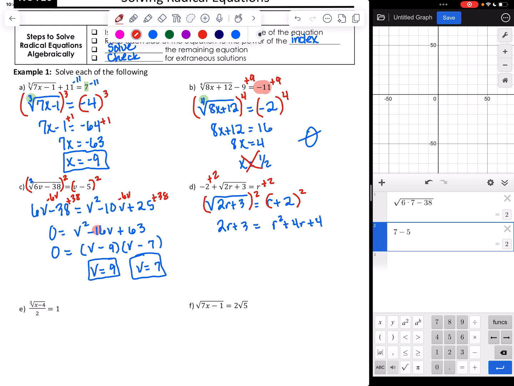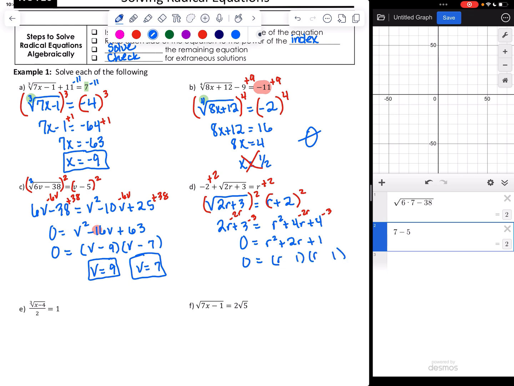Then hopefully you made both sides equal to 0, so subtract 2r, subtract 3, which gives me 0 equals r squared plus 2r plus 1, and then I will solve this by factoring. So I'll use r and r for r squared, 1 times 1, and make them both positive. Since both the factors were the same, we get r equals negative 1.